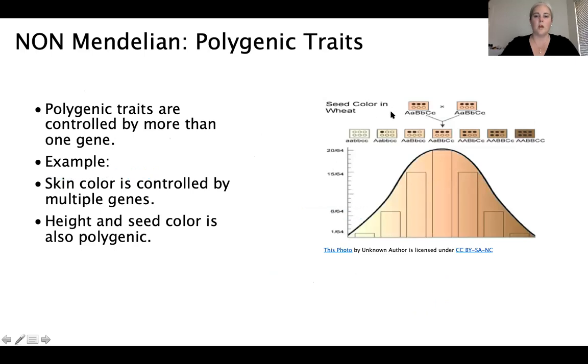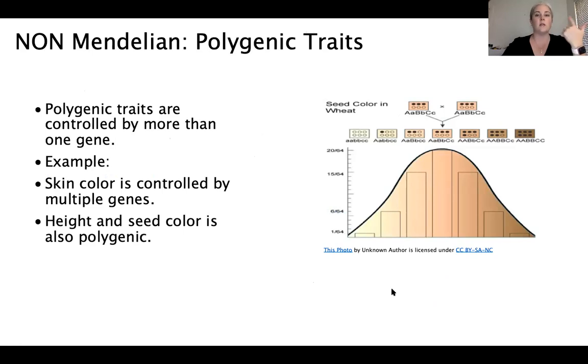Okay, so a different version is called polygenic, and this is one where you can have three different genes, four different genes, five different genes that all control for the same phenotypic trait or physical expression of your genetics.